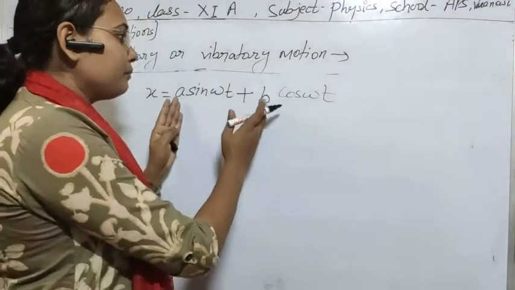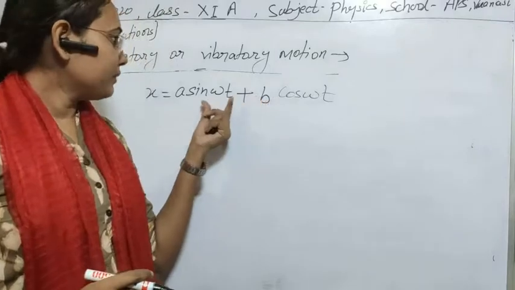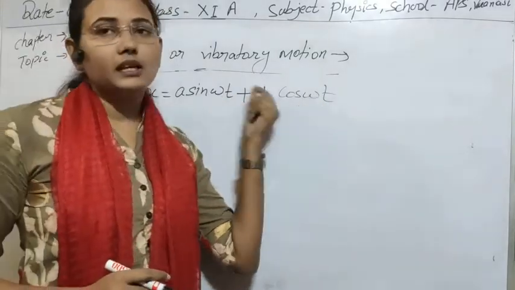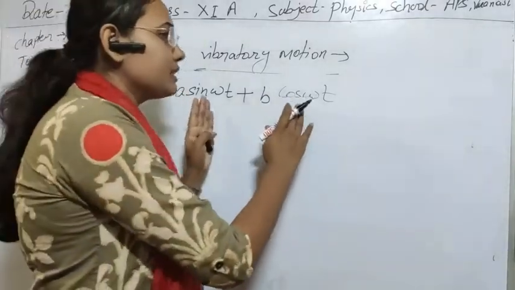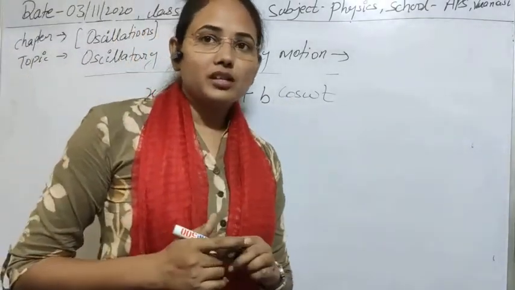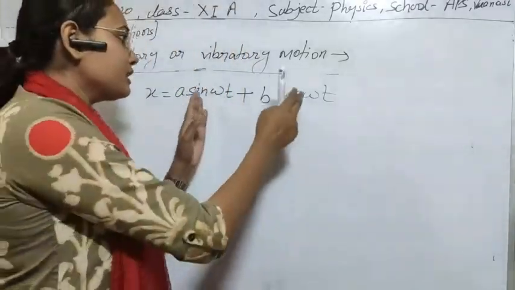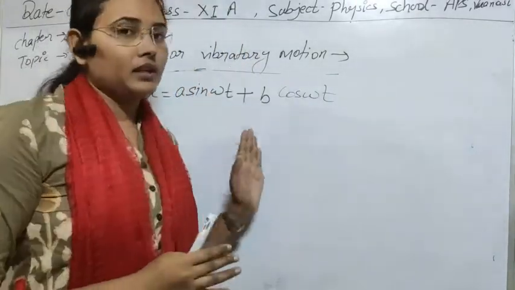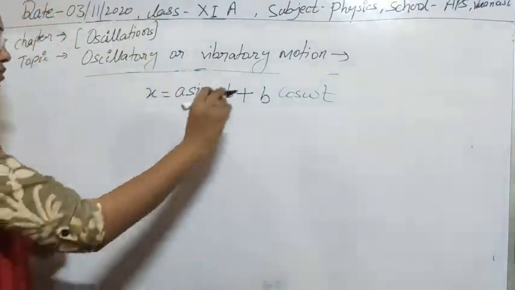Suppose the amplitudes of the waves are different, and the angular frequency of both waves is the same. If the frequency changes, then the motion may or may not be periodic. But when the angular frequencies are the same, in that case the motion will be periodic. We can show that.